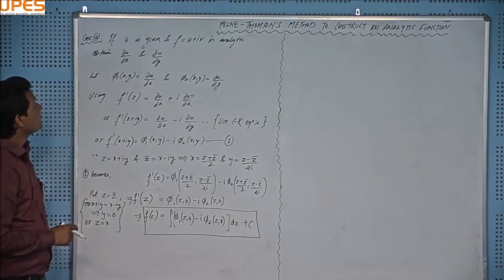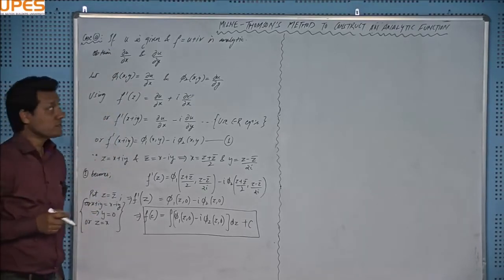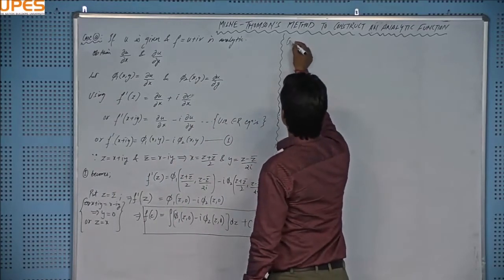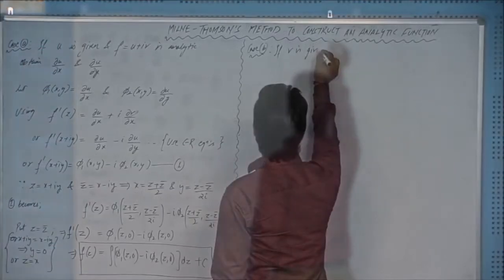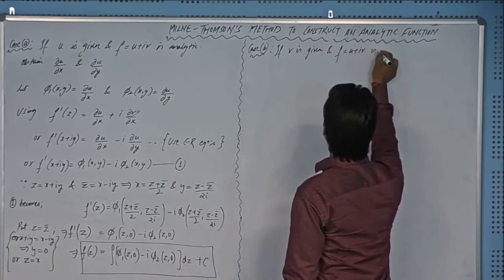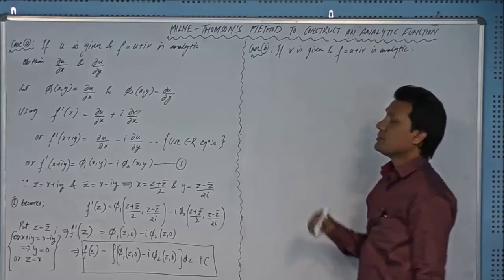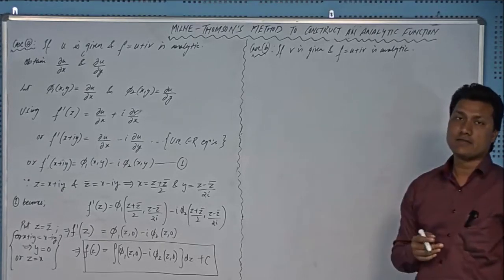Now I will take case number 2. If v is given, right? Case 2. If v is given and f equal to u plus eta v is analytic, right? You are given the imaginary part of an analytic function, and you are searching for the analytic function f, right?